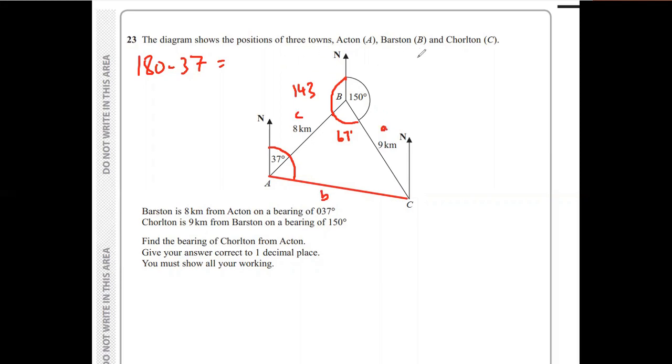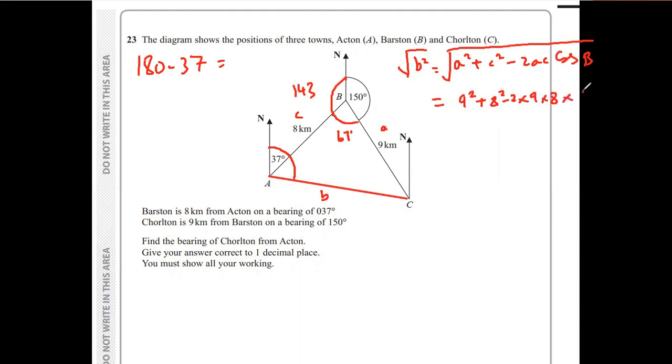And we know that b squared is equal to a squared plus c squared minus 2ac cos B. And to work out just the value of b, of course, we have to square root all of this. Let's substitute the values. So a is 9, so 9 squared plus 8 squared minus 2 times 9 times 8 times cos of 67.